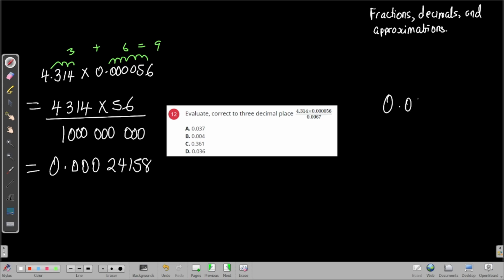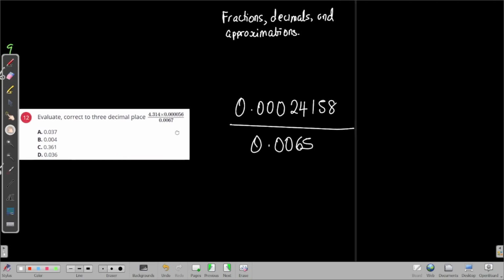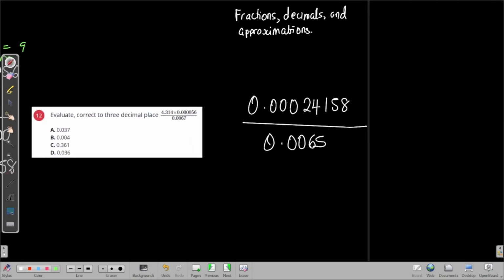So now 0.00024158 divided by 0.0067. Again, I'm going to count decimal places. This one has 8, and this one has just 4.